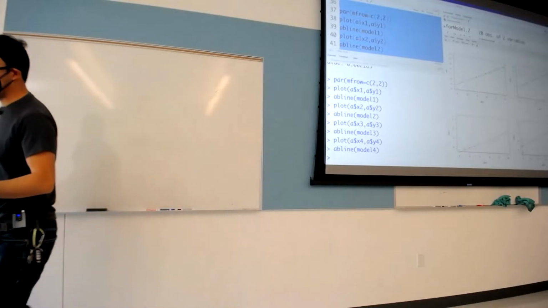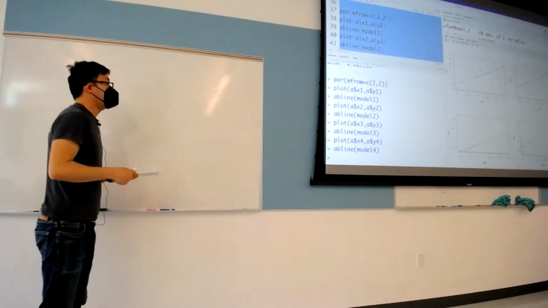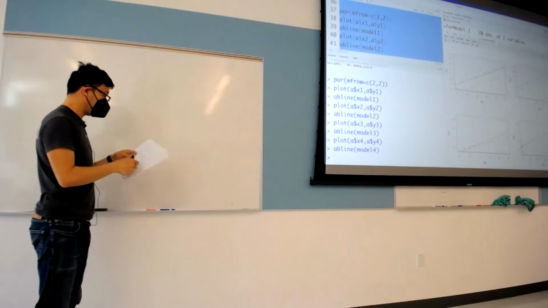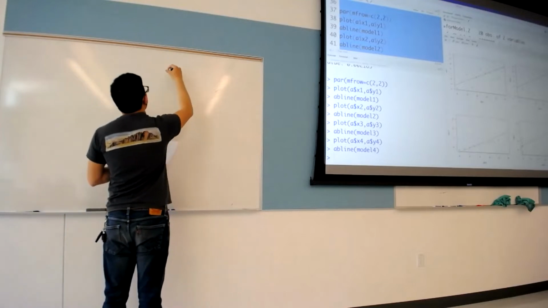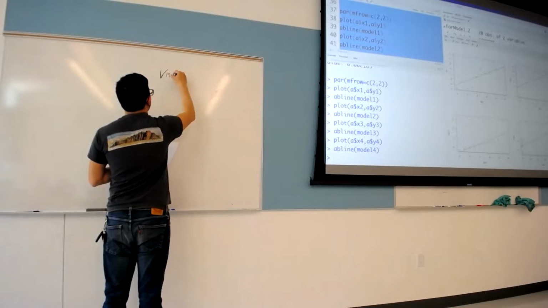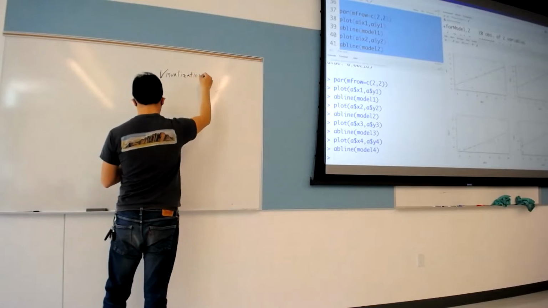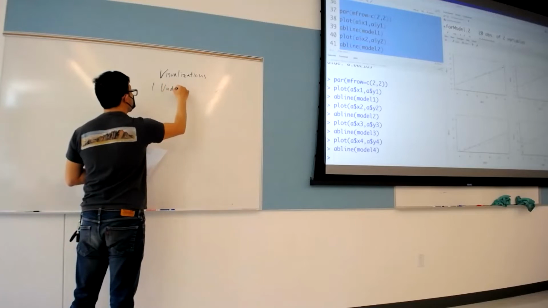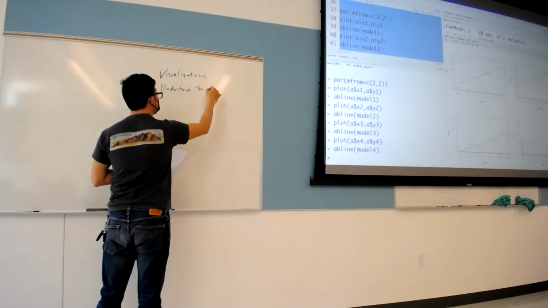Coding and all of that can be somewhat overwhelming, including making plots and visualizations. So I want to maybe try and break it down a little bit. So one, understand the data.